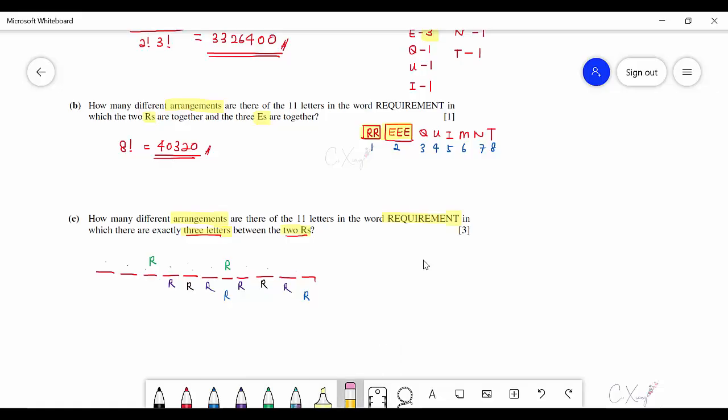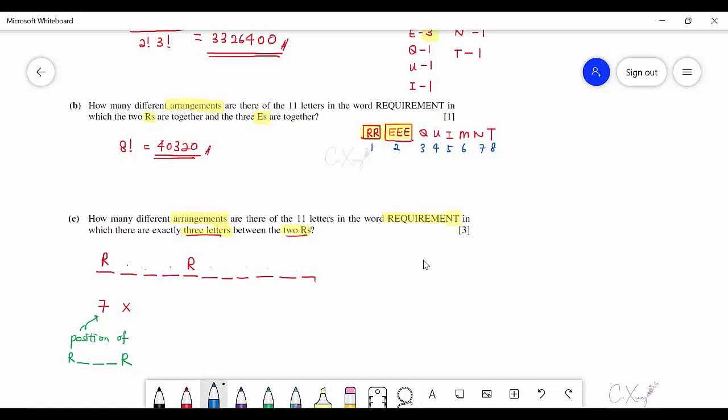So now I try to figure out how many positions of R I can put in these 11 letters. There are 7 different cases, right? So maybe I can write it out here, this is the position of R, then dash, dash, dash, R. Let's say my R is here and here.